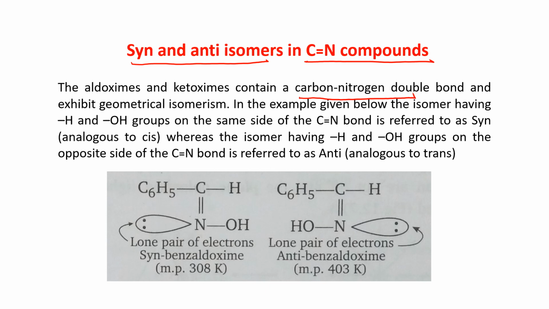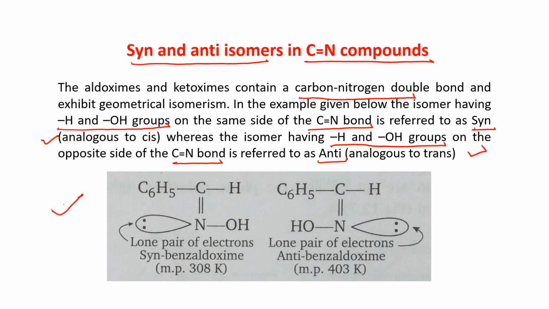In the example given below, the isomer having H and OH groups on the same side of the carbon-nitrogen double bond is referred to as syn, analogous to cis, whereas the isomer having H and OH groups on the opposite side of the C=N double bond is referred to as anti, analogous to trans.